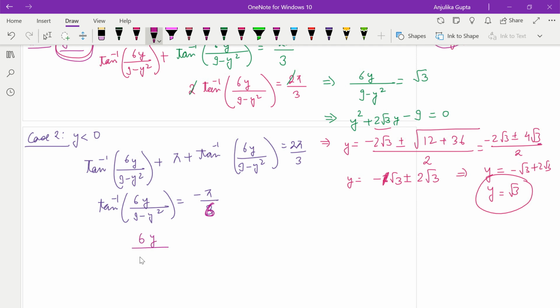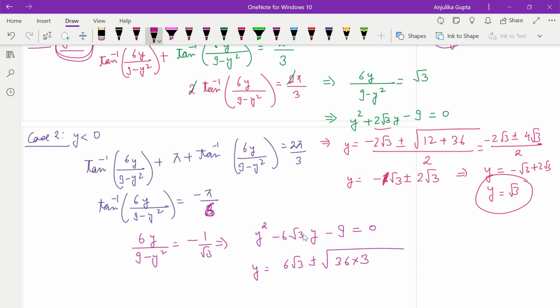You end up getting 9 minus y square over 6y is equal to minus 1 by root 3. Okay, so from here again you start forming your quadratic equation. That would be y square and then minus 6 root 3y and then minus 9 is equal to 0. Now look for the solution. Again use your formula, minus b plus minus under root b square. Okay, how much is that? Let's not solve.